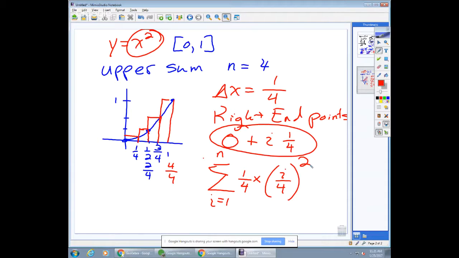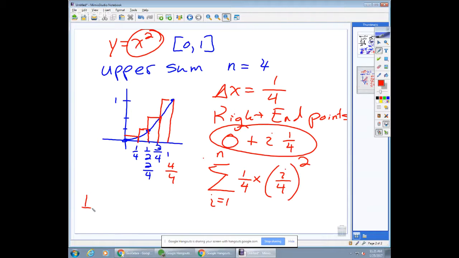That's more than what I asked for here. Here I just said, find the area of each rectangle, add them up, right? Find the upper sum. But I am going to ask you later in the test to demonstrate a sum formula for a particular function. So we're warming up to that.